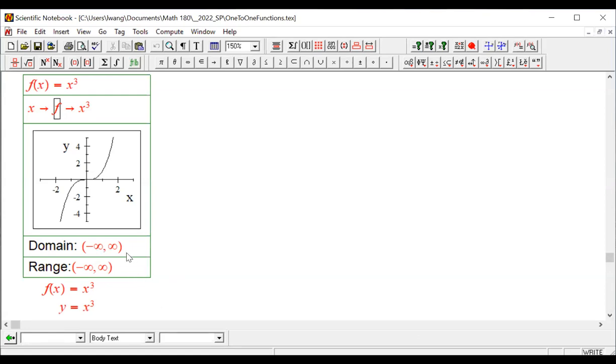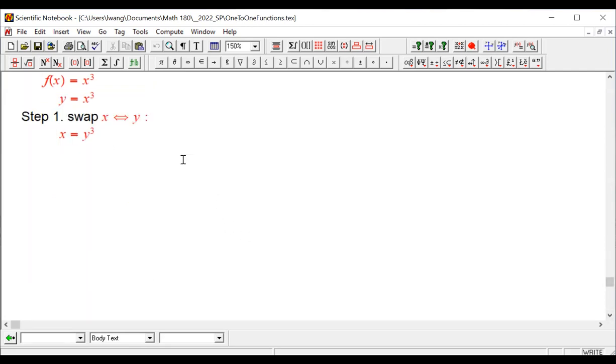In this case, domain and range are the same, so you really don't see much of a difference, but in a lot of situations there will be a difference, when domain and range are not the same.